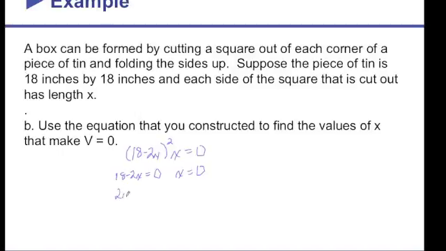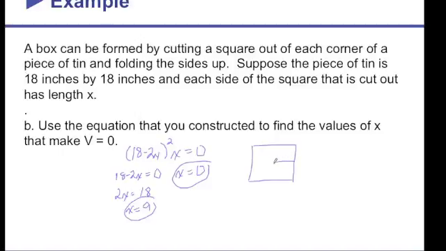So 2x equals 18, so x equals 9, and x equals 0. Those are the values of x that will make the volume of the box 0, which makes sense. Here we have our 18-inch square, and if we cut 0 out of it, we don't have anything to fold up. Of course, it has volume of 0.